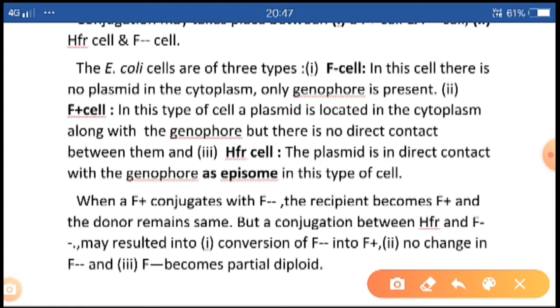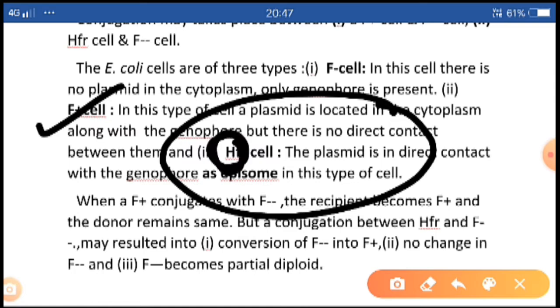And in an F plus cell, the plasmid is located in the cytoplasm along with the genophore, but there is no direct contact between them. The plasmid is far away from the genophore.